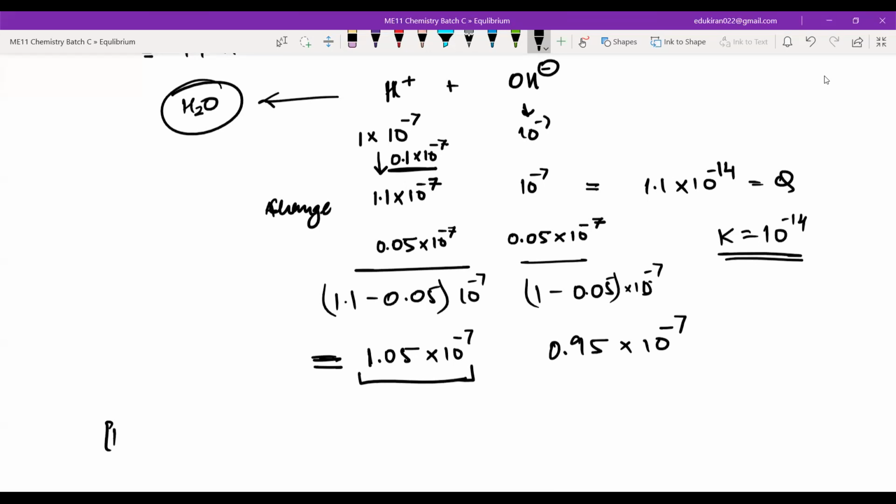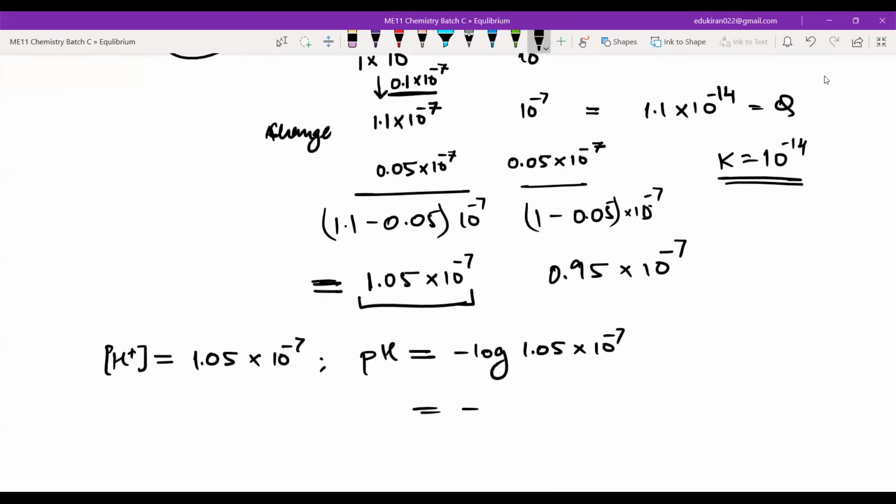So you have the concentration of H plus ions equal to 1.05 into 10 to the power minus 7. Now you have to calculate the pH. What is pH? Minus log of 1.05 into 10 to the power minus 7.